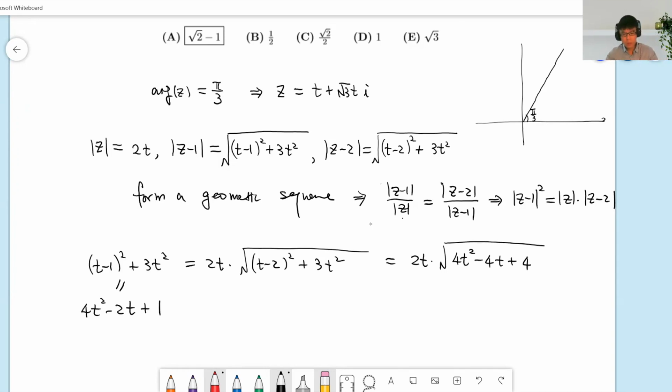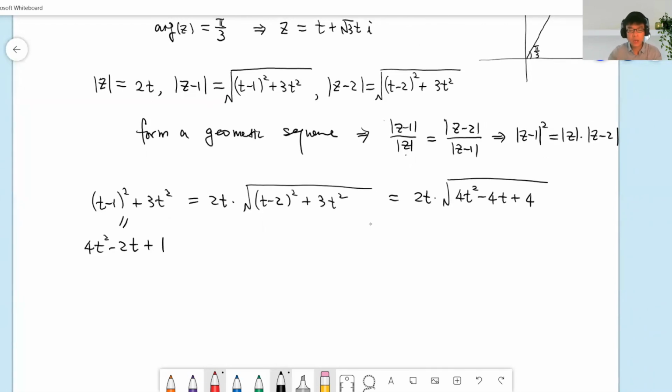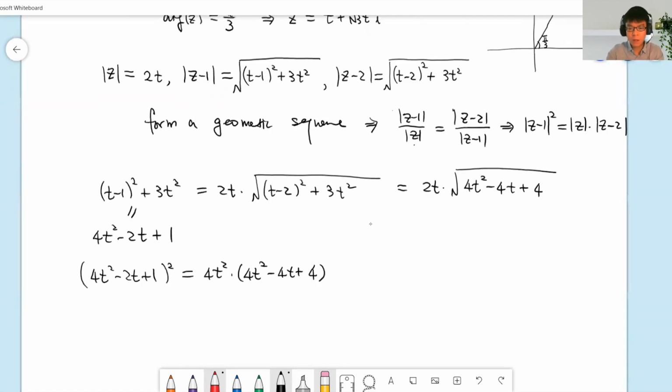Next we can square both sides to remove the square root. So it's 4t squared times (4t squared minus 4t plus 4). Let's simplify the terms.